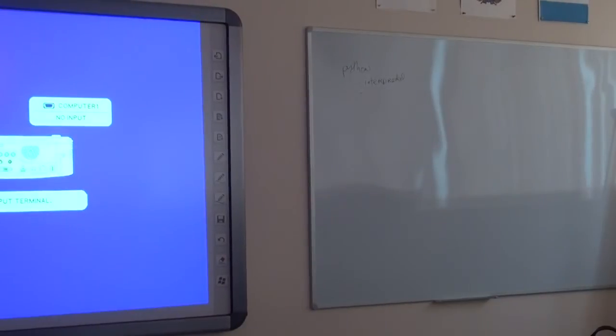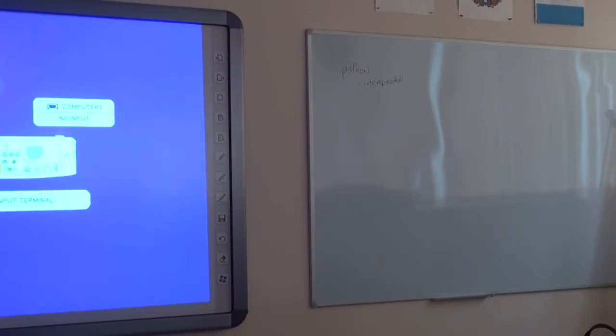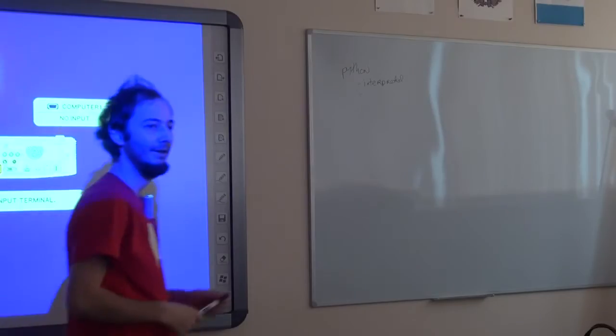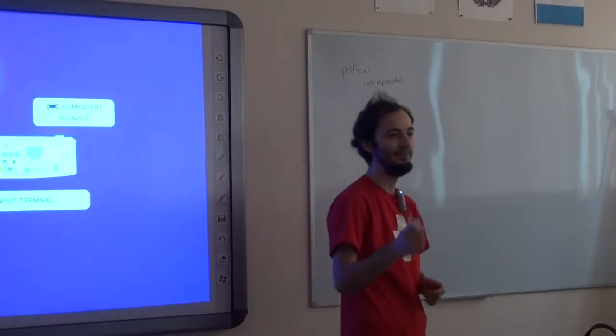Yeah? I have an organizational question. How should we submit the lab works? You have to submit your reports by sending me an email to the address I gave you previously.